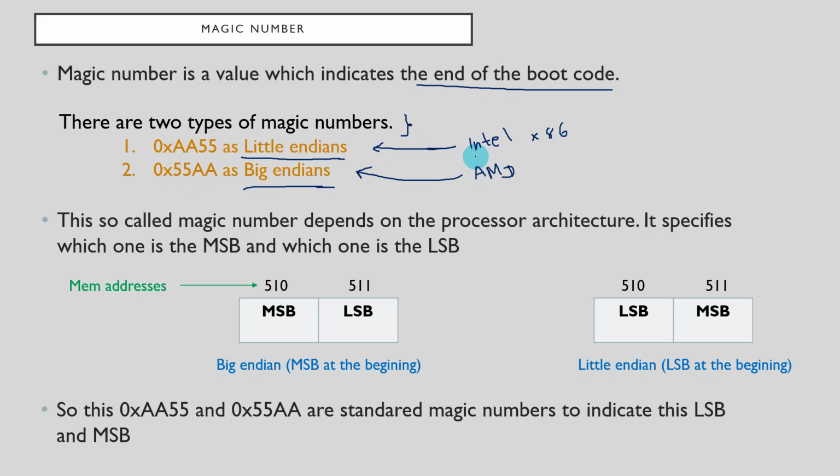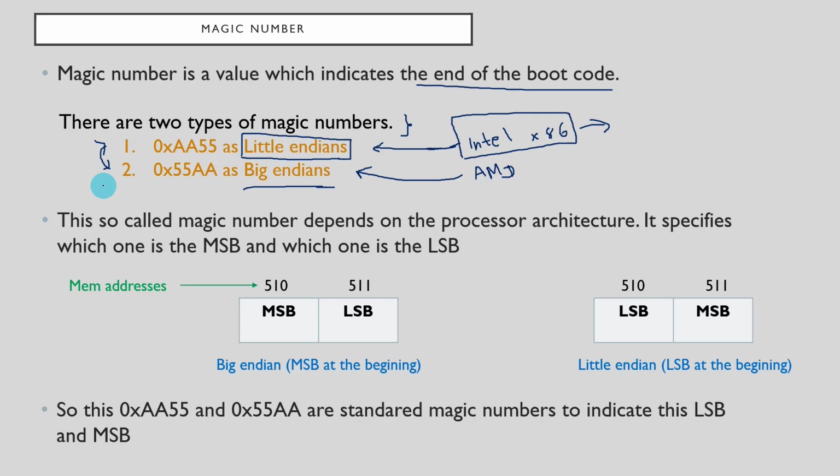Since we are considering this Intel x86 specific architecture, just remember we are using little endian. If we want to move to another processor architecture, then we have to choose one of these. But in this case, we are only going to focus on the little endian architecture.